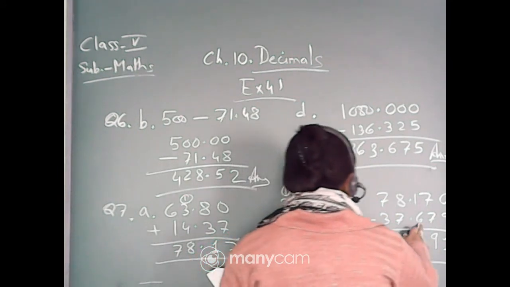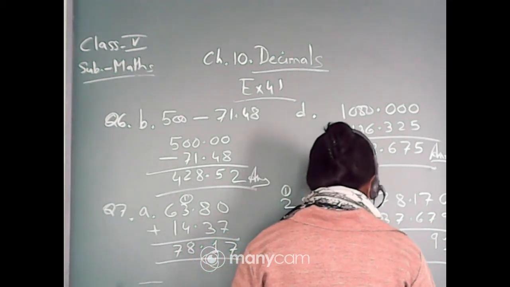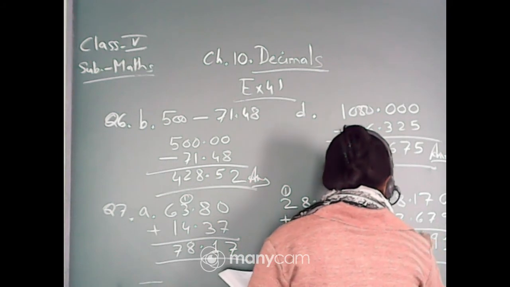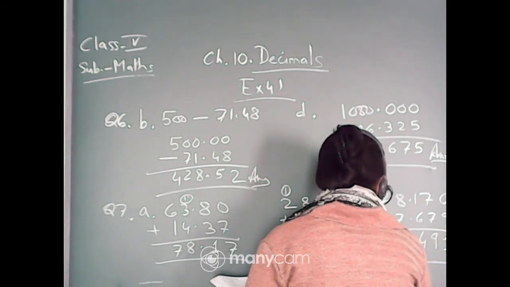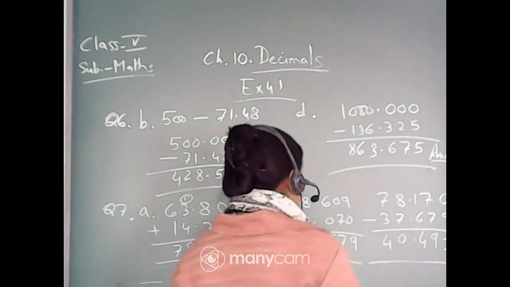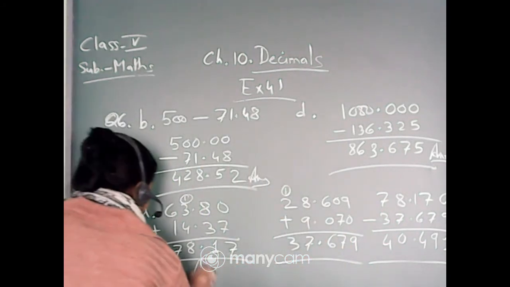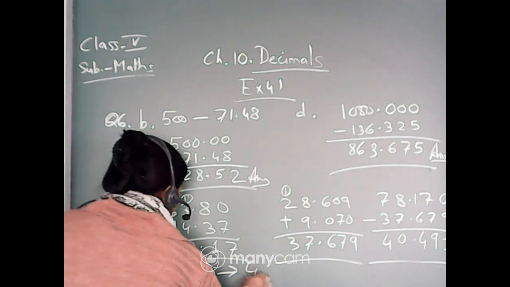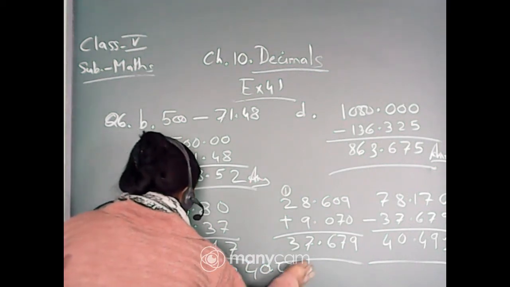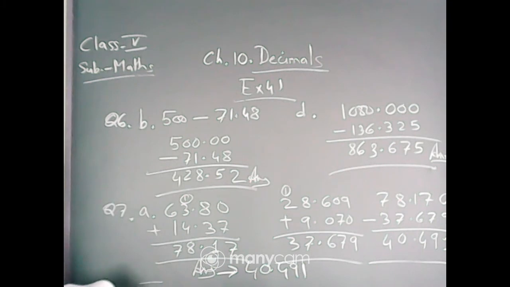So 6 plus 1, 7, 8, 9, 10, 11, 4. 7 plus 1, 8, 0 and 4. That is 40.491. Our answer is 40.491.